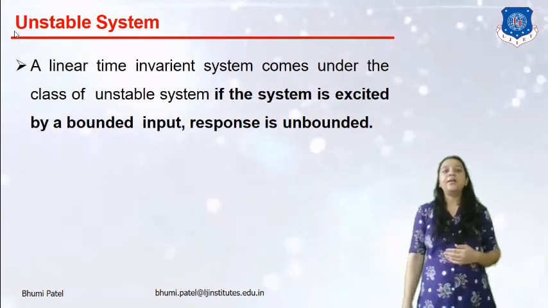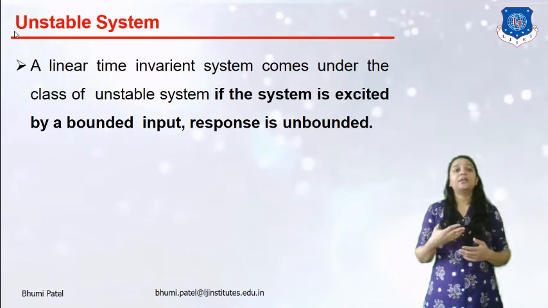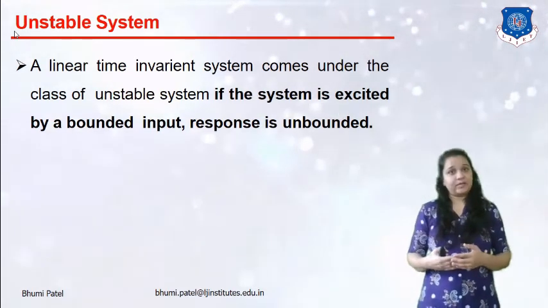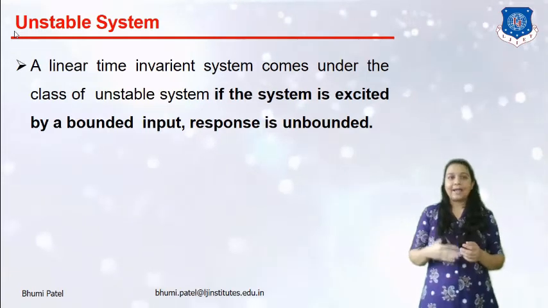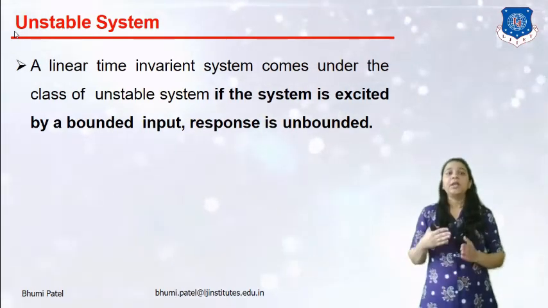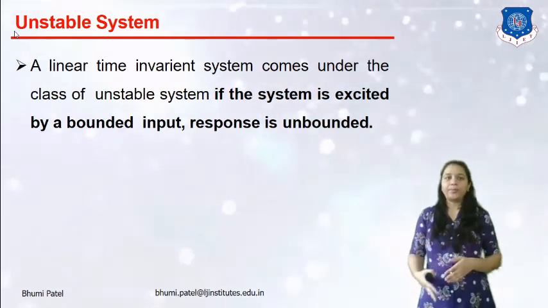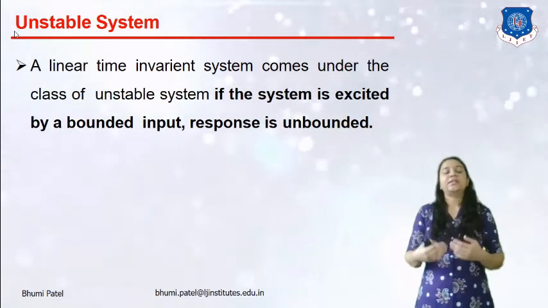Next is the unstable system. A linear time invariant system comes under the class of unstable systems if the system is excited by a bounded input but the response is unbounded.